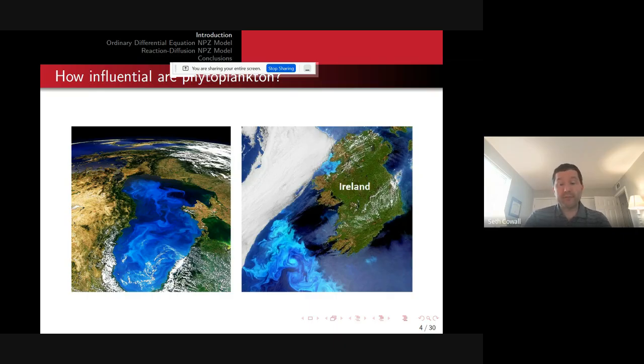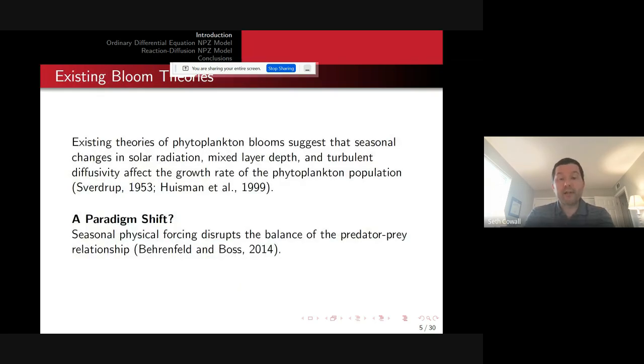Every year there's a bloom in the spring, and the underlying cause of phytoplankton blooms has been a debate amongst oceanographers for decades. A lot of the original theories of what causes the blooms naturally would suggest that, since they're seasonal, perhaps seasonal changes in environmental conditions are what's affecting the phytoplankton physiology directly.